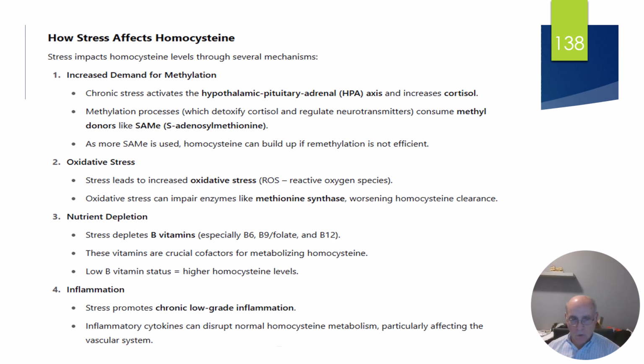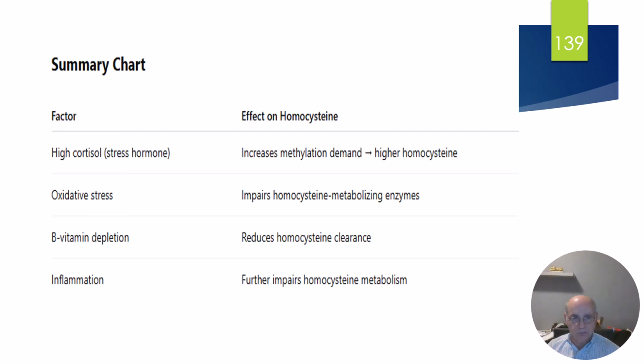Inflammation causes or promotes low-grade inflammation and the production of these inflammatory cytokines that we've talked about. High cortisol, increased methylation demand, higher homocysteine. Oxidative stress affects the enzymes that are required to get rid of homocysteine.